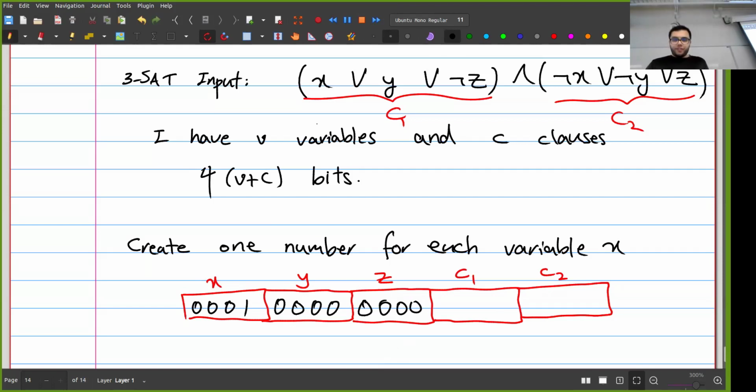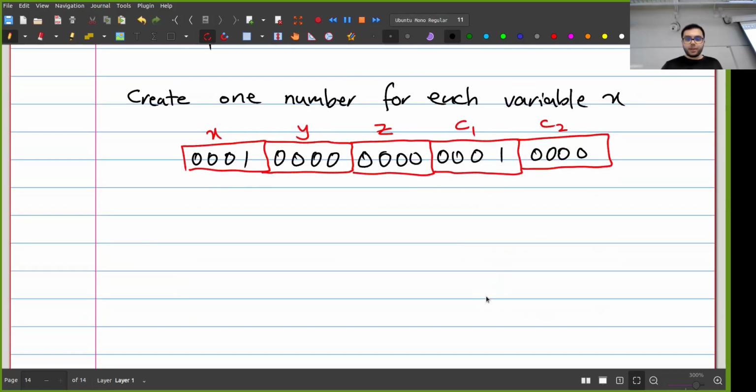Then if setting this variable to 1 would satisfy C1, I put a 1 for C1. Otherwise, I put a 0. It does satisfy C1, so I put 1 here. Does it satisfy C2 if I set X to true? No, so I put 0 here. This is the number corresponding to X.